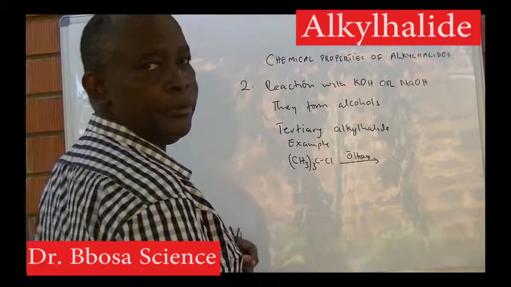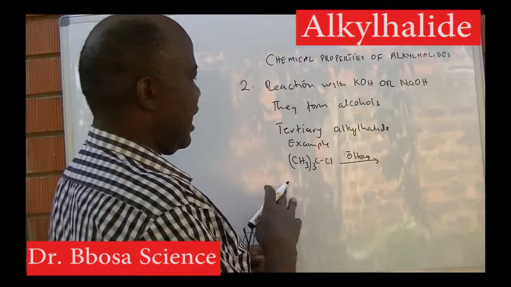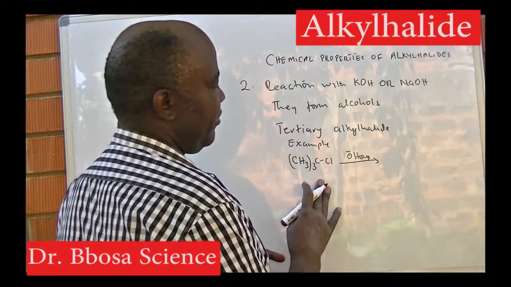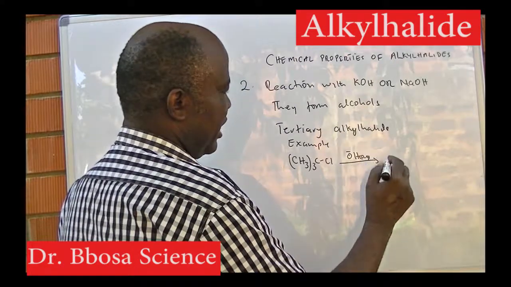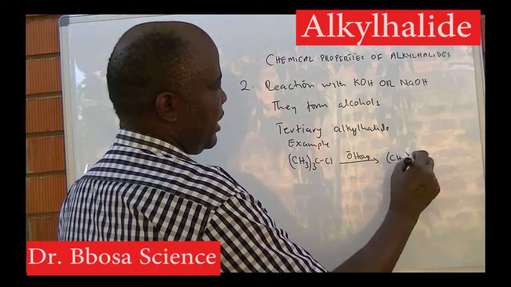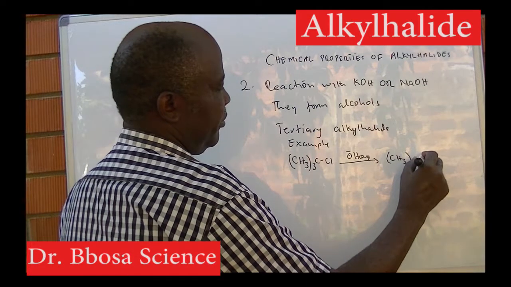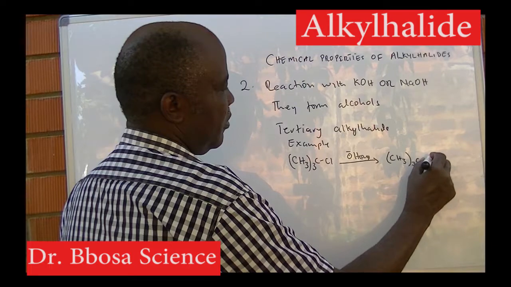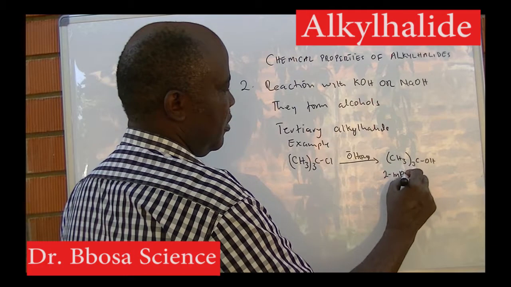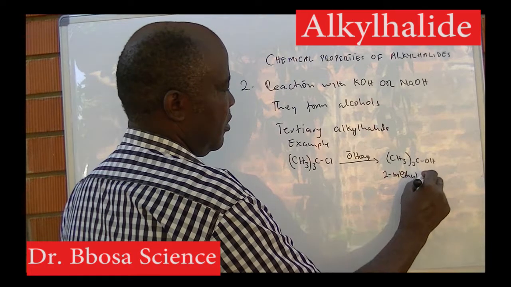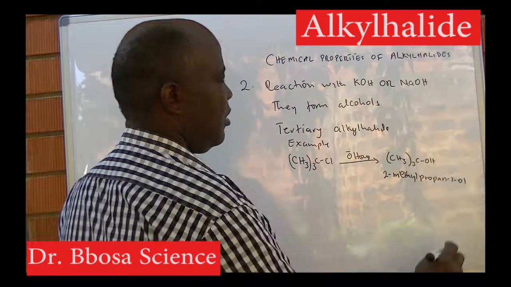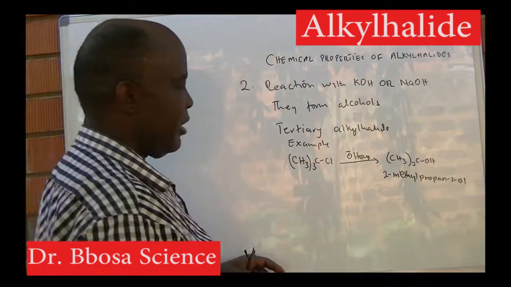Tertiary alkylhalide. Example, 2-chloro-2-methylpropane reacts with potassium hydroxide to form 2-methylpropan-2-ol.